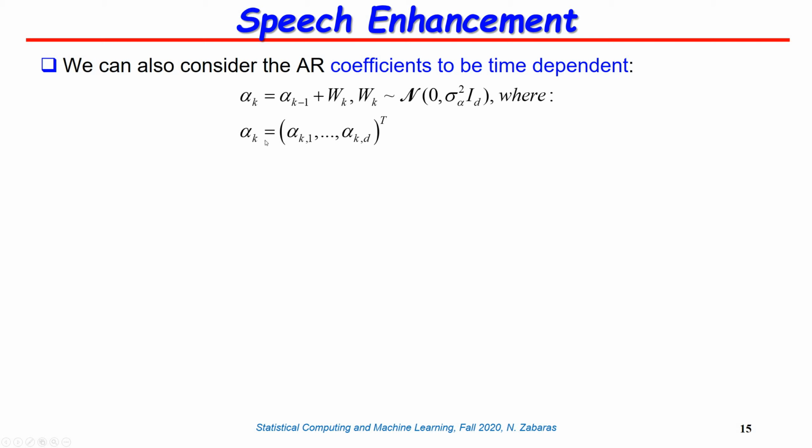So I'm going to define a vector of these d coefficients, alpha_k, and introduce a Markovian model for alpha_k, so that alpha_k is alpha_{k-1} plus some Gaussian noise.